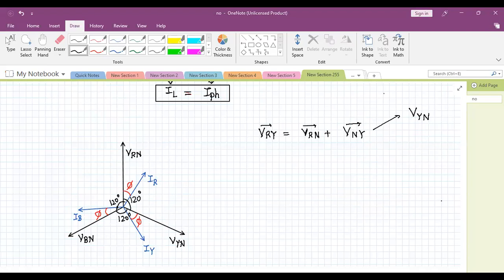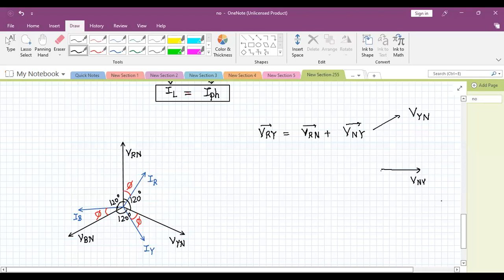You have to put a minus sign. Say for example, I have one phasor, VNY. If I want to draw VYN, then it is the opposite phasor. So that is my VYN, or I can say minus VNY. Is it clear to all of you?